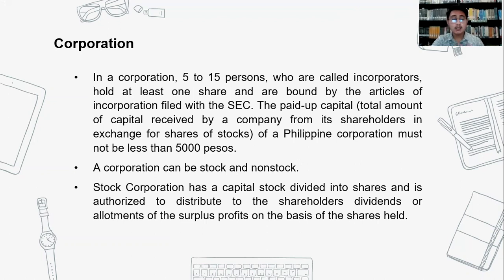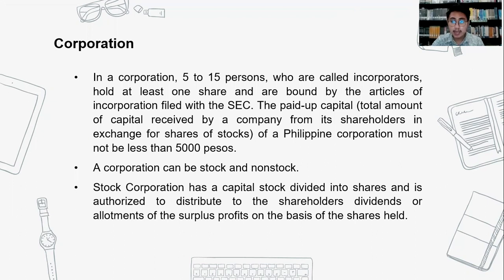When we say stock corporation, it has a capital stock divided into shares and is authorized to distribute to the shareholders dividends or allotment of the surplus profit on the basis of shares held. So ibig sabihin dito class, the capital stock that the corporation has can be divided or can be shared to the shareholders or to the other people from the corporation.